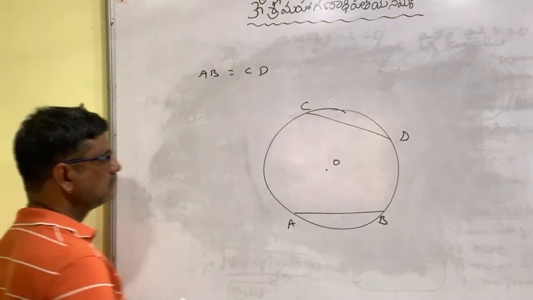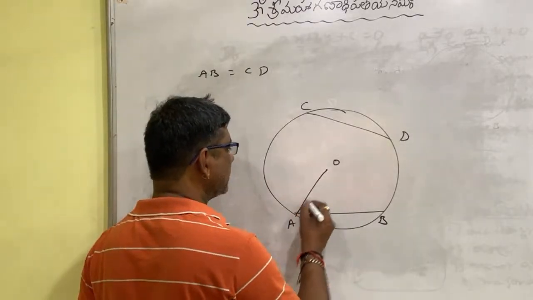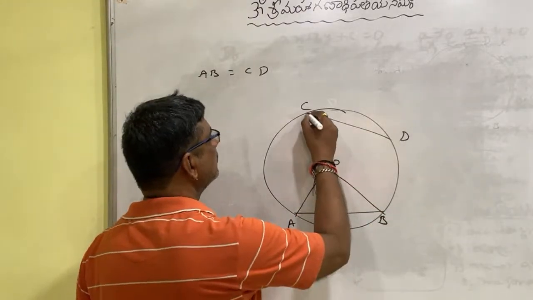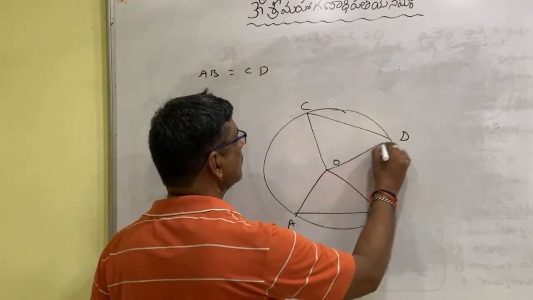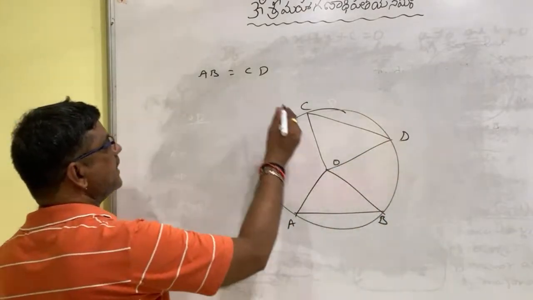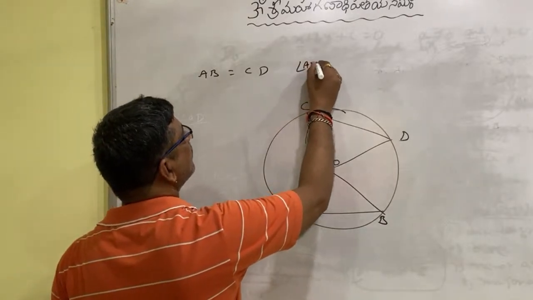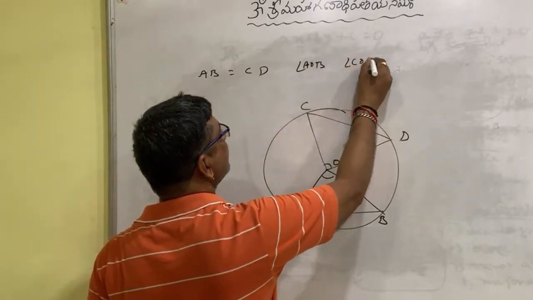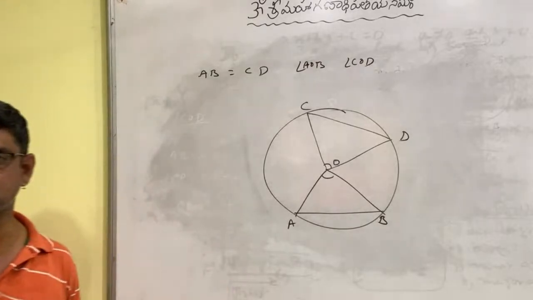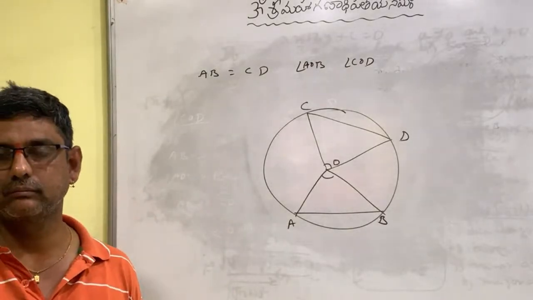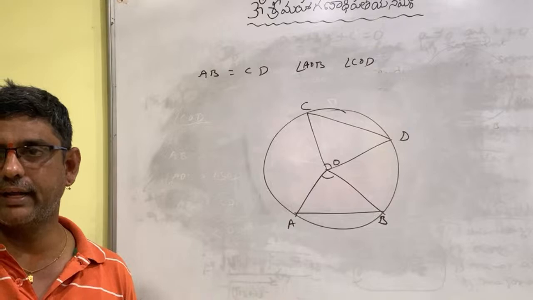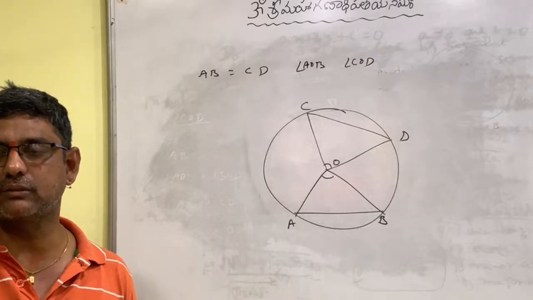Now I am joining the endpoints of both chords with the center. Now you tell me, what can you say about angle AOB and angle COD? What is your comment about these two angles?